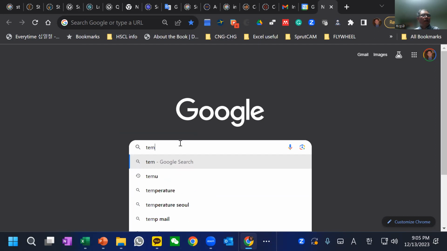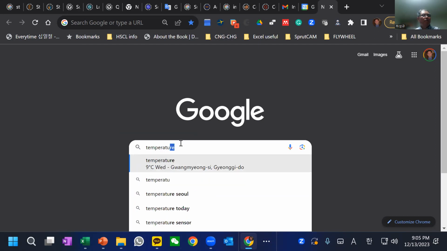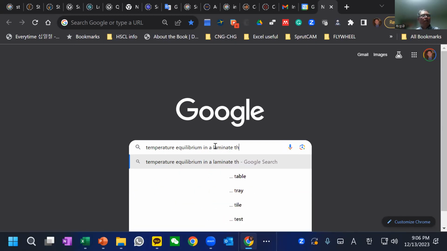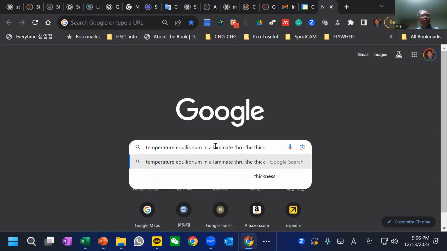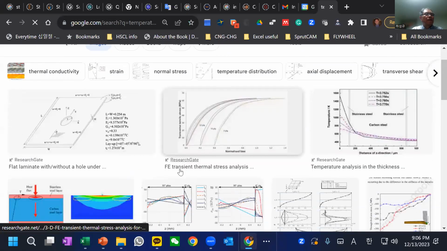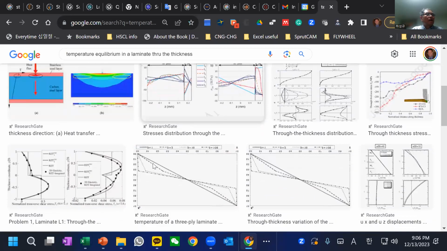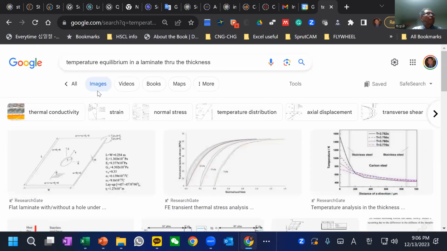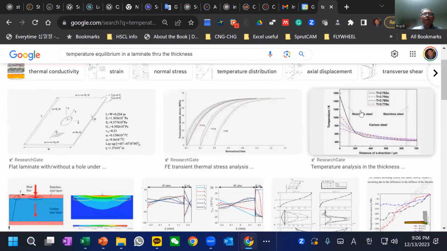Sometimes this is not temperature equilibrium in a laminate through the thickness.